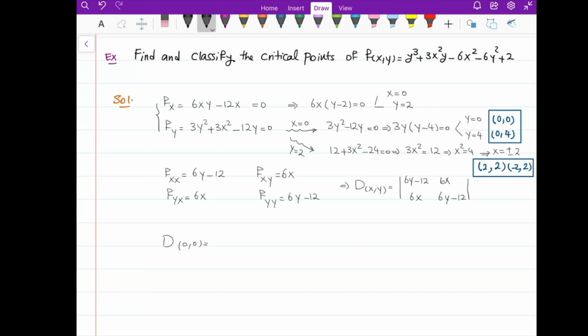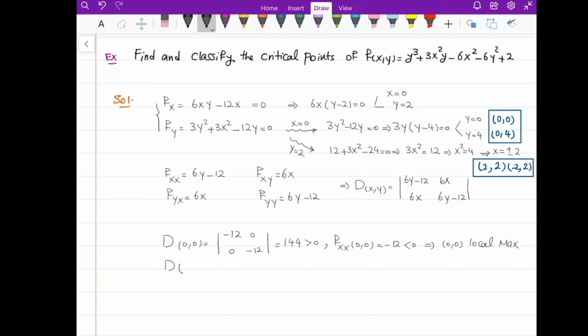It would be easier now. Now plug in (0, 0) into here. I get negative 12, 0, 0, and then negative 12. So I get 144, which is positive. I look at fxx at (0, 0), which is negative 12. It's negative, so (0, 0) is a local max.